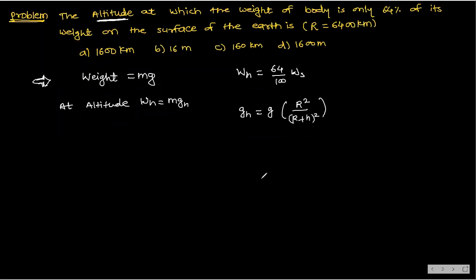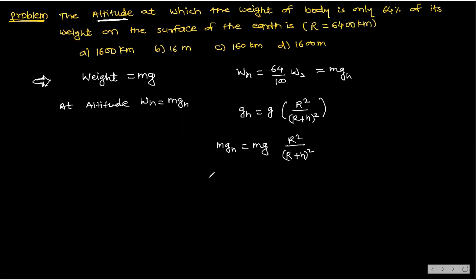Weight of body is only 64%. First of all, what is the formula? Weight is equal to mg. At altitude, that is Wh is equal to m into gh. Weight at height is equal to 64 by 100 times weight at surface. Multiplying with m on both sides, mgh is equal to mg R square divided by (R plus h) whole square. So mgh means Wh.